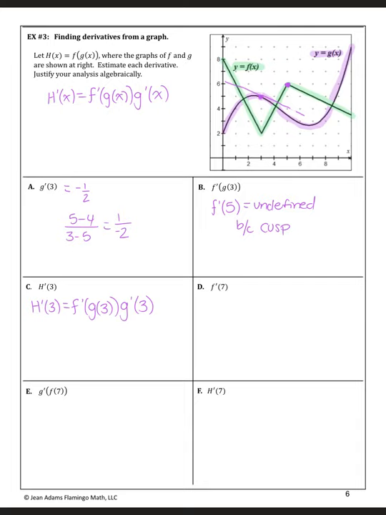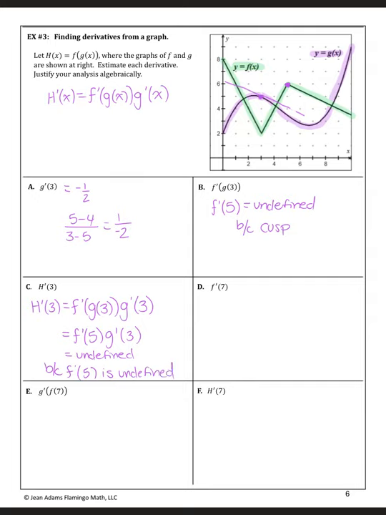Okay, so g of 3 on your graph here is 5. So f prime of 5 times g prime of 3. Since f prime of 5 is undefined, then h prime of 3 is undefined as well. And this is because f prime of 5 is undefined.